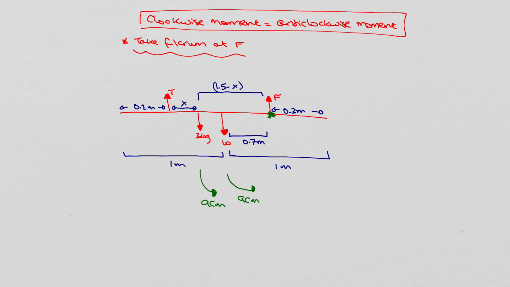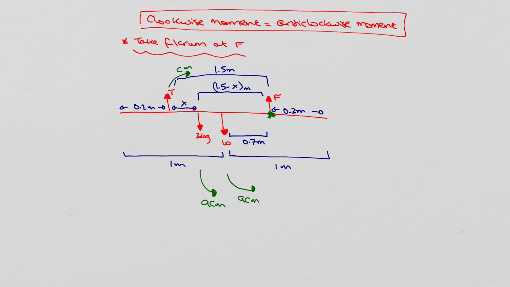And then T is going to pull it in a clockwise direction. That'll cause a clockwise moment. And the distance between T and F we already know from the previous is going to be 1.5. Okay, so now we have each of our forces and their perpendicular distances.